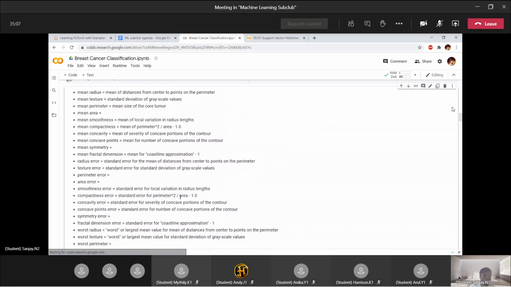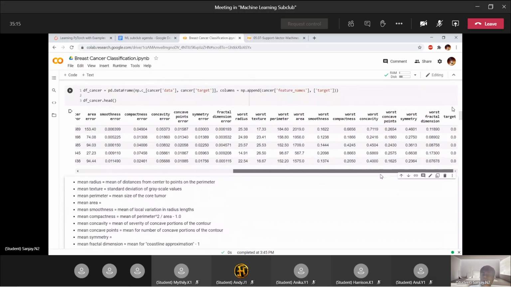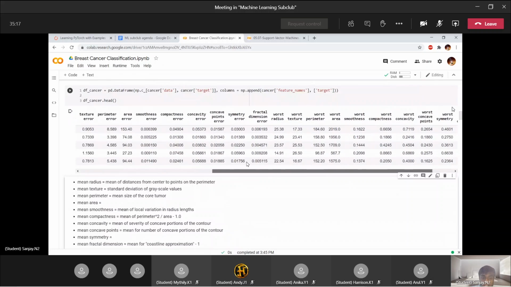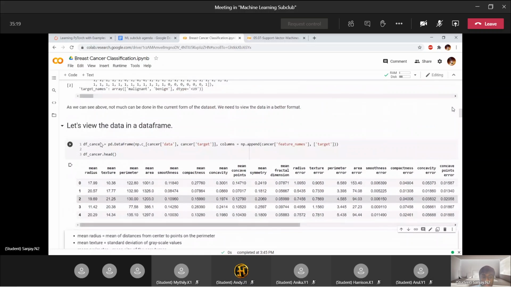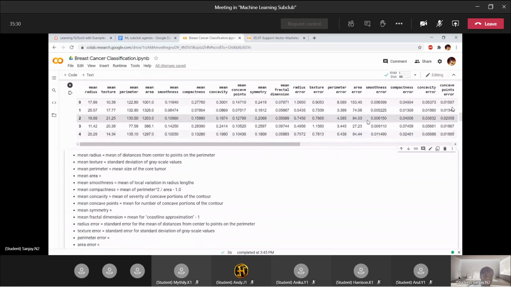So let's put it into a nice data frame. Here we see the first 5 patients or entries, and we get a lot of these clinical variables and their values for each patient, and we can see that the data is organized well.